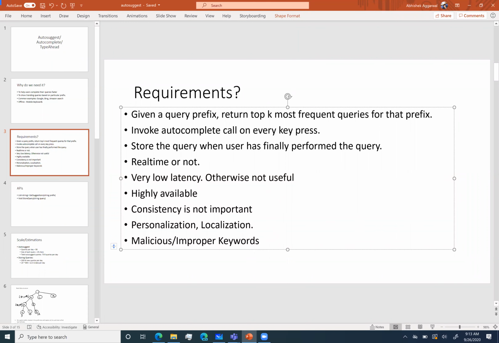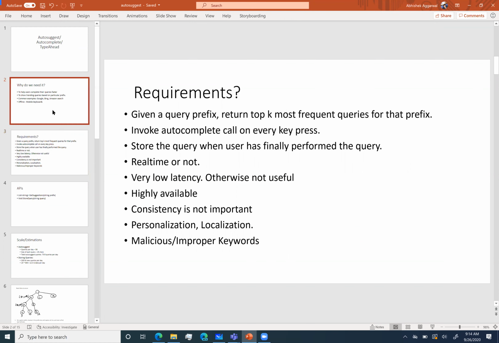Okay. And one more thing, is it client side or server side? Where will the things be stored? So that depends on the first question: are we making an offline system where we are just auto suggesting based on the information we have, and it's not improved by the online system?